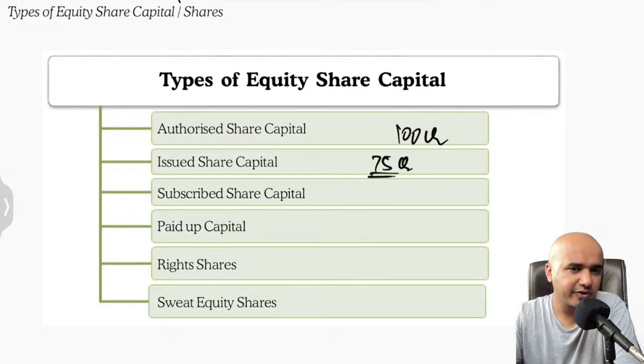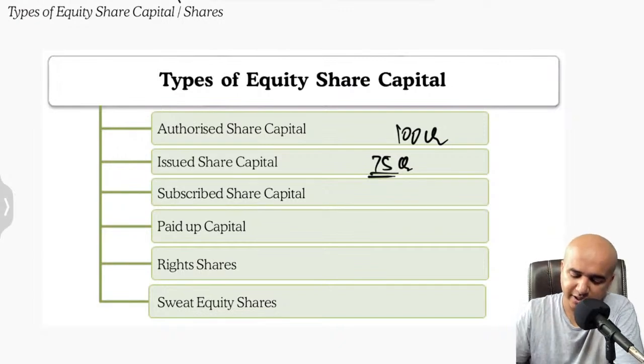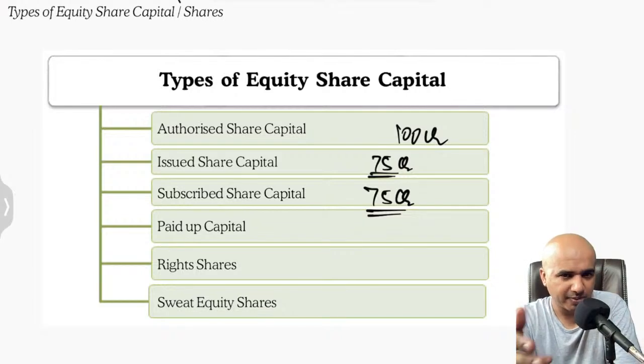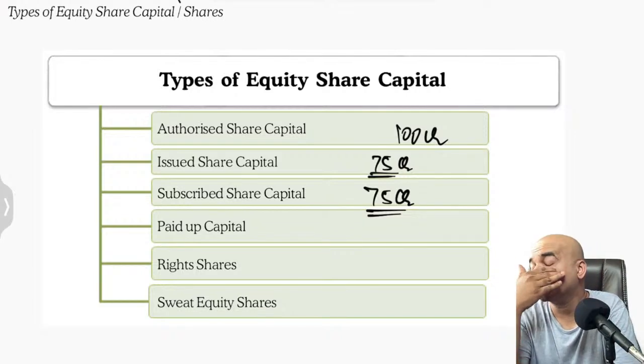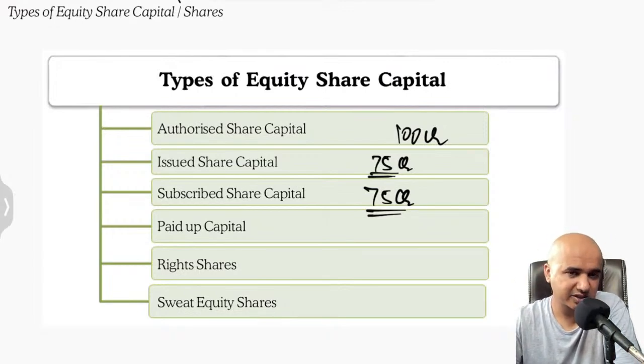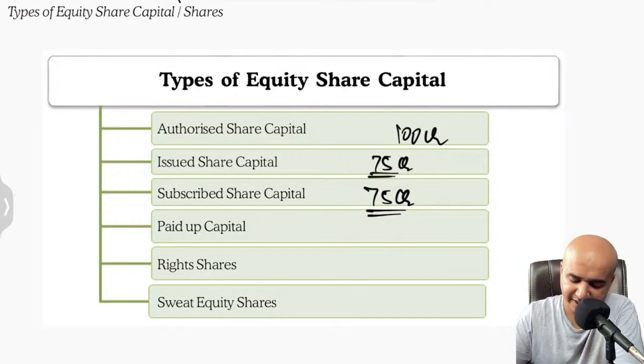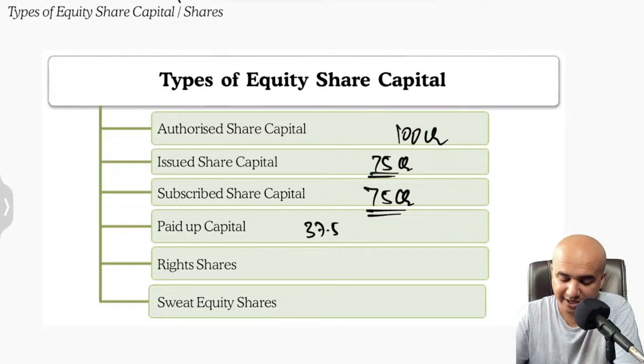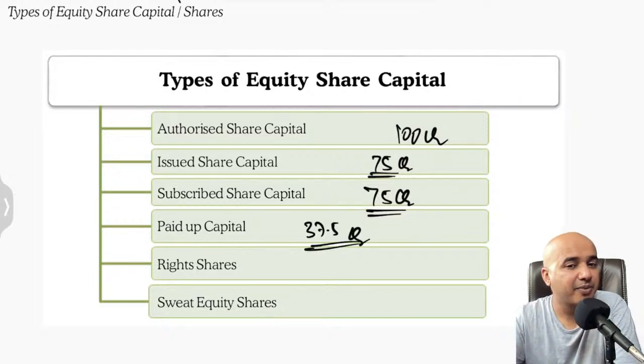Even when I issue 75 crores, let's say 75 crores is subscribed. That means I invite public to buy shares worth rupees 75 crores and people have subscribed. Now, if at all I'm calling upon people to invest in these shares in installments, then I may ask them to pay the money of 75 crores in 2 installments. Let's say I have now asked them to pay 37.5 crores only. So this would be the paid up capital.